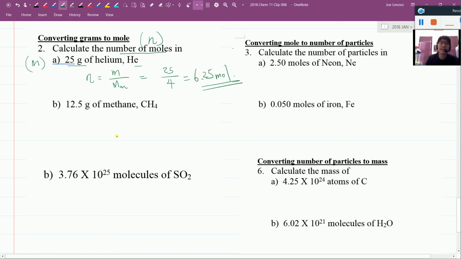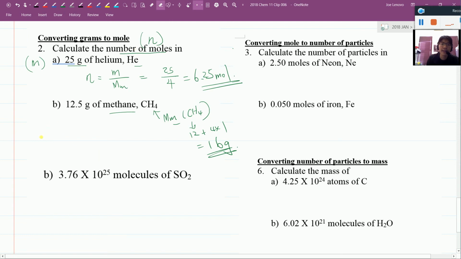As the answer. The thing that you do for methane is we have to find out the molar mass of CH4 from the periodic table first, which is 12 plus 4 times 1, is 16 grams. So if 16 grams is the molar mass, then we would like to find out the number of mole.